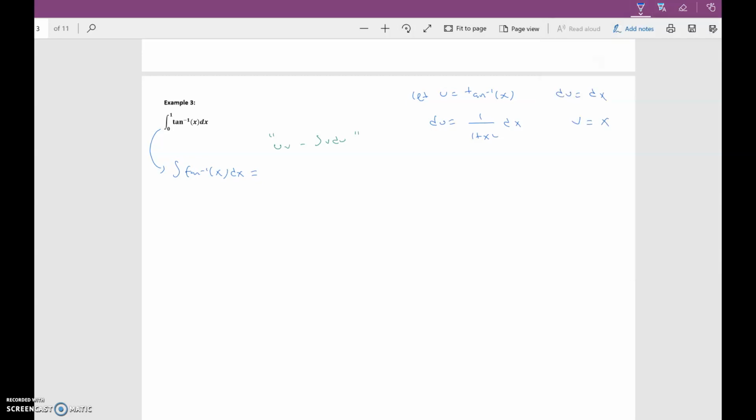So for this one, our u was the tangent inverse, and so this will be x times the tangent inverse of x minus the integral of v du. Our v was an x, and du is going to be 1 over 1 plus x squared dx.